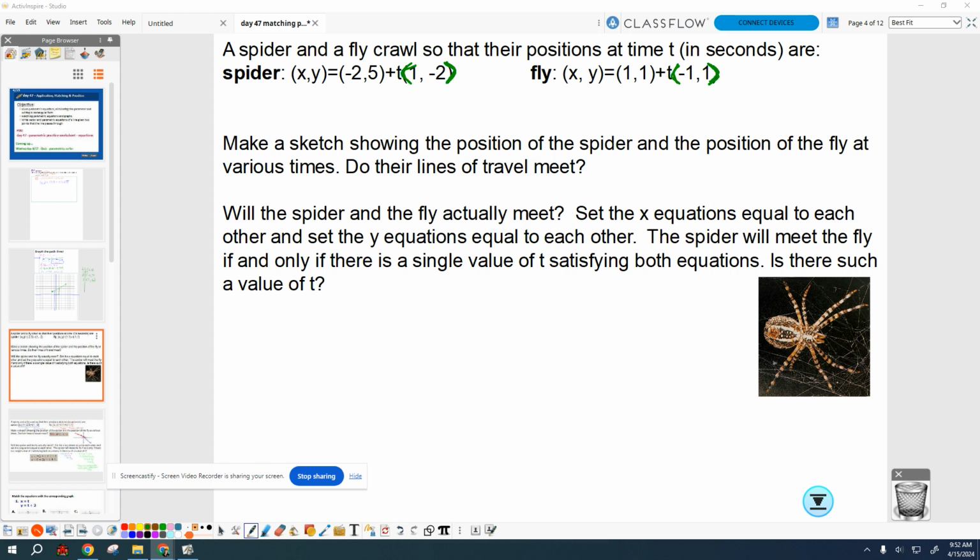So look, they cross, but the spider's there at 1 second and the fly's there at 2 seconds, so the fly gets away. Wait, how are you plugging these in? The fly's there at 2 seconds, the spider's there at 1 second.